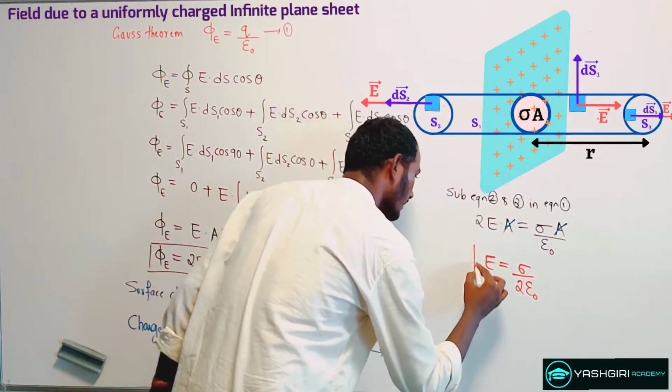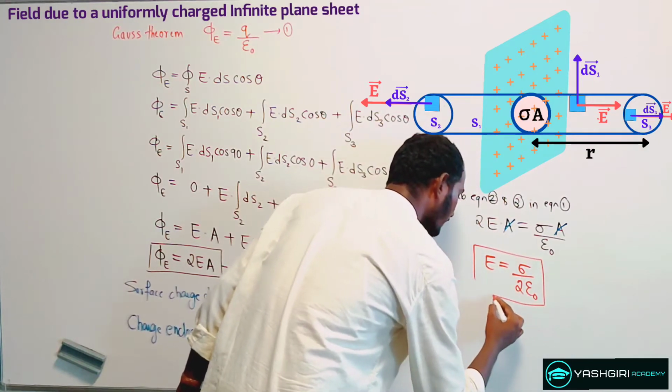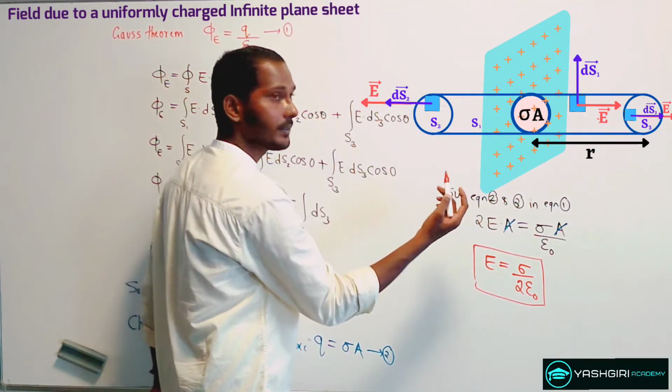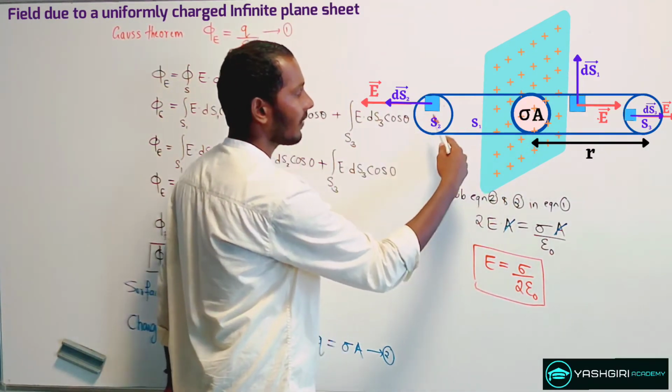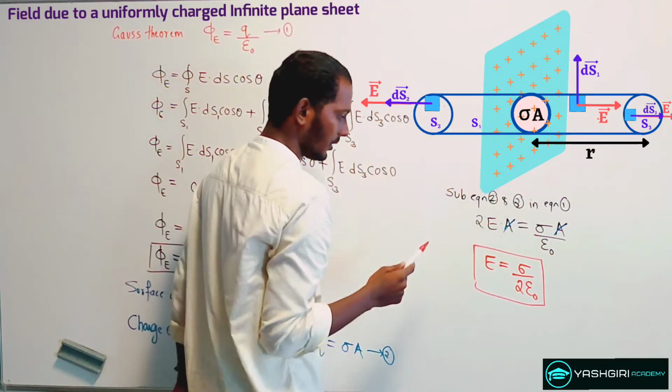So this is the magnitude of the electric field for any point on both sides of this thin planar sheet.